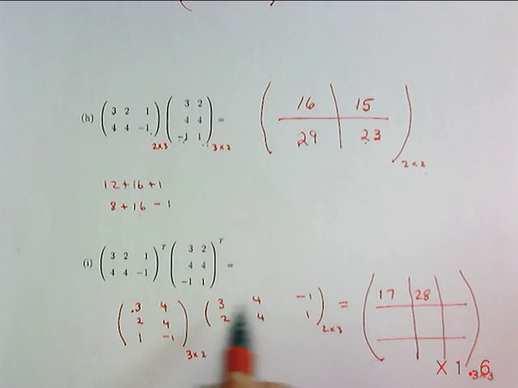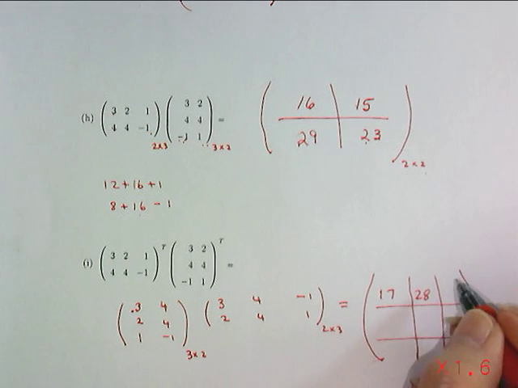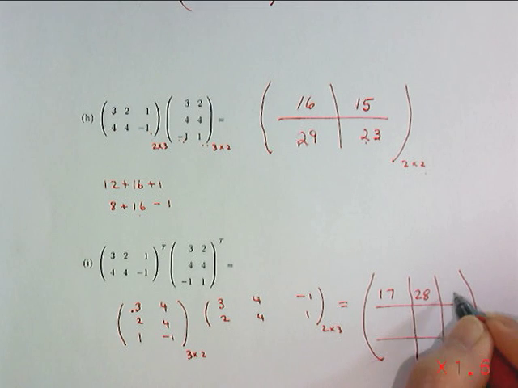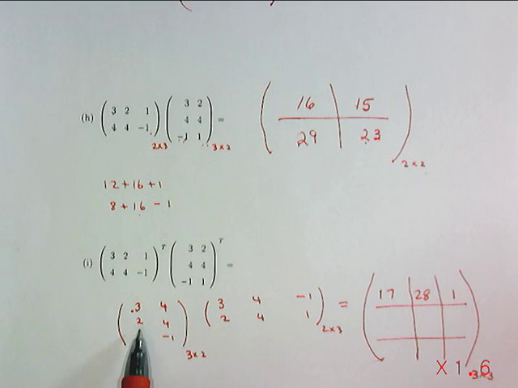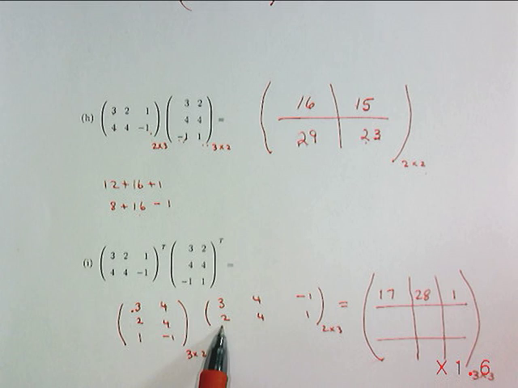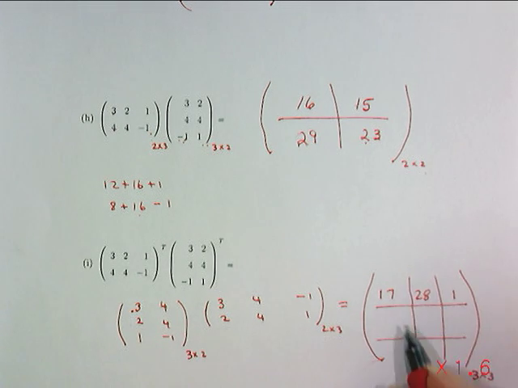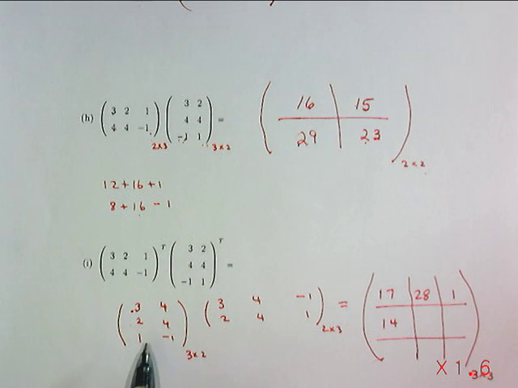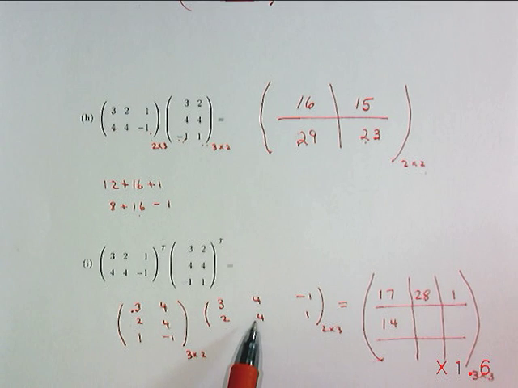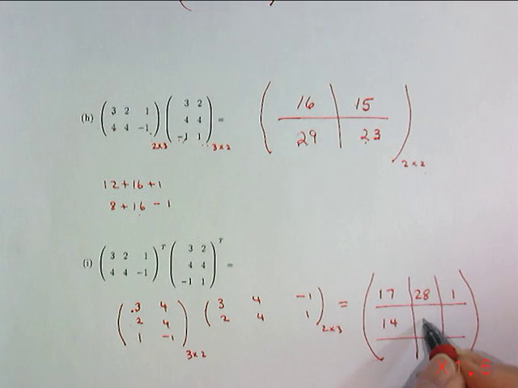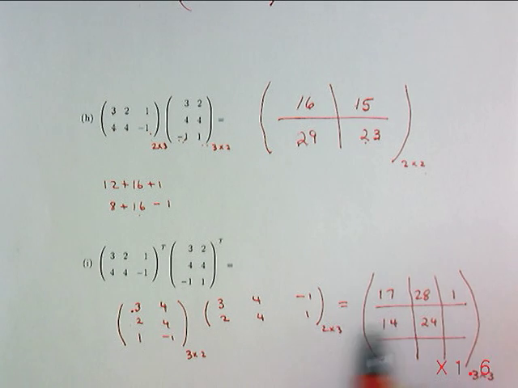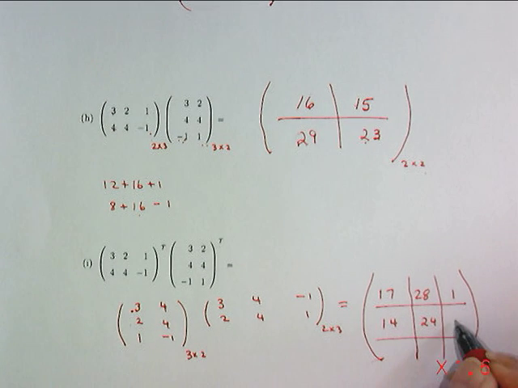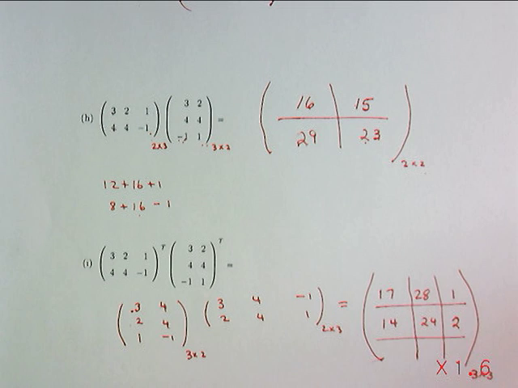Then I'll have the first row last column, which is -3 plus 4, which is 1. Then the second row first column, which will be 6 plus 8, or 14. The second row second column is going to be 8 plus 16, which is 24. And the second row last column will be -2 plus 4, which is +2.